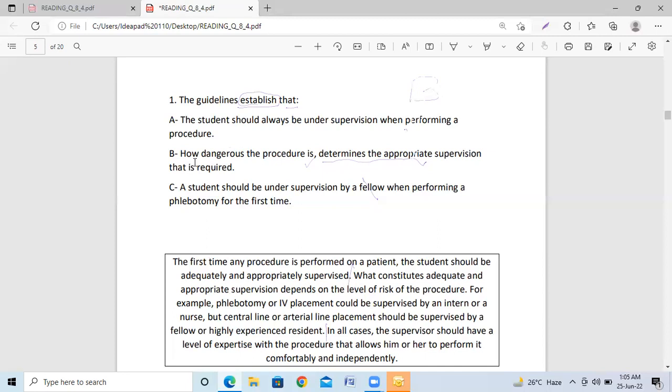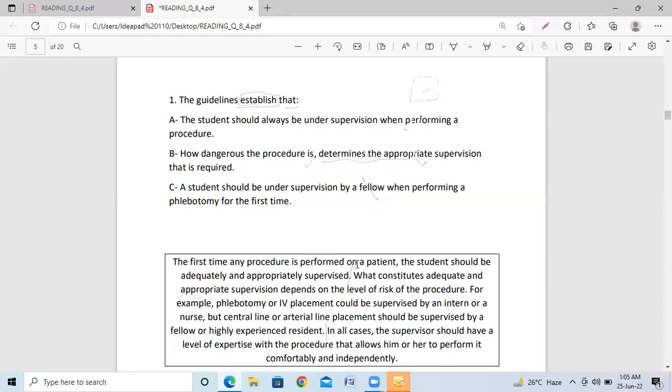They have used synonyms here: look at level of risk, and the option says how dangerous. So these are synonyms and they match with each other. And then they have also given examples about complex and simple procedures, and what type of supervision is required for them as well. So we can stay on this, but let's look at C as well.